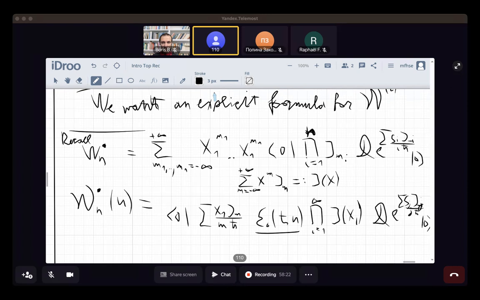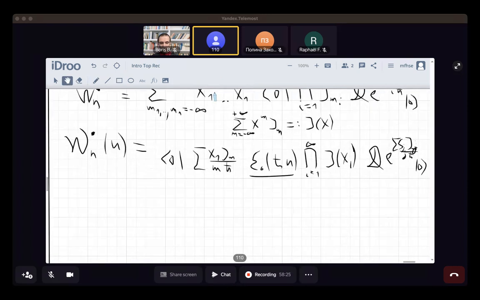So what was this operator? In fact, we discussed it when we discussed these operators.